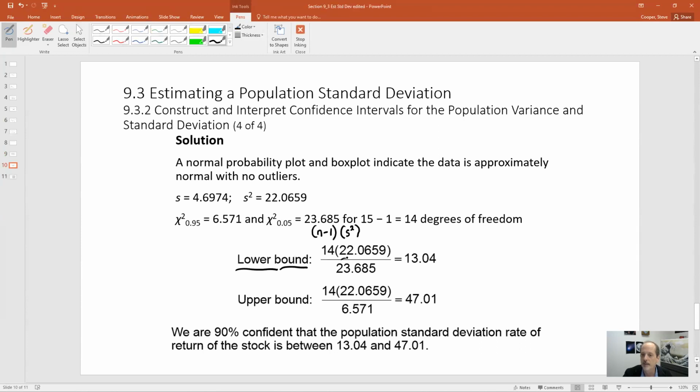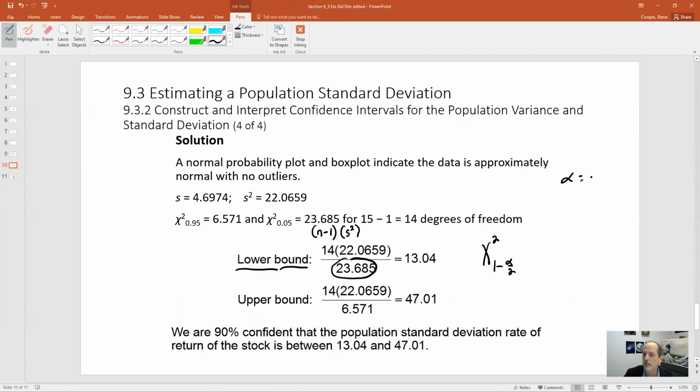And then down here we have to go look up the chi-square. So chi-square, for the lower bound, is the 1 minus alpha over 2.